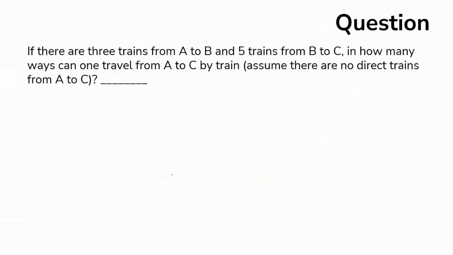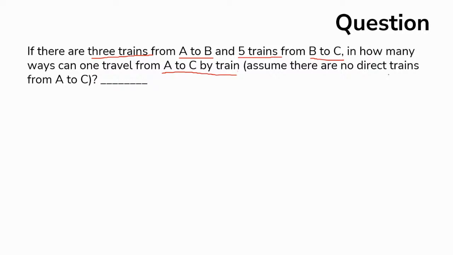And try this question, guys. What they were saying in this question is, if there are three trains from A to B and five trains from B to C, in how many ways can one travel from A to C by train?